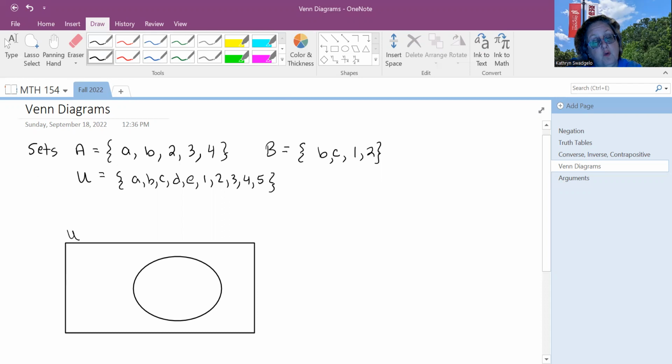So usually we write the universe as some kind of a rectangle, and we write the sets within it as some sort of circle. So everything that we have in this set right here, this little circled set, so let's say we call this set P, then everything out here would be stuff.